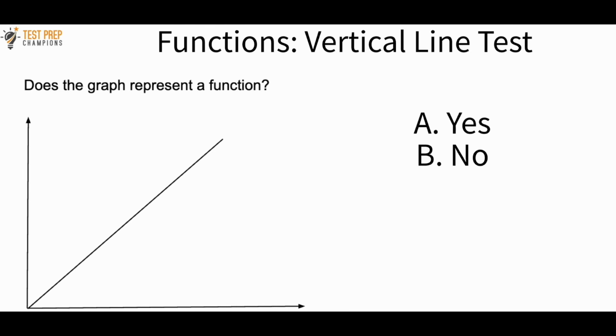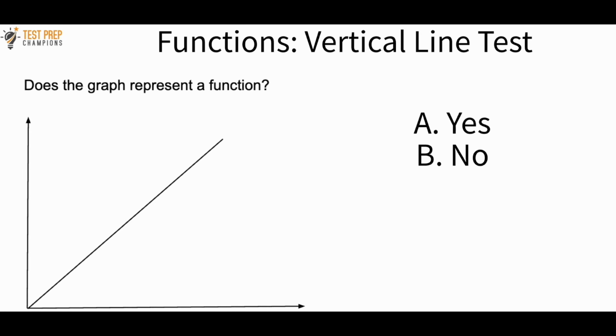So let's talk now about the vertical line test. For the next few examples, I'm only going to give you two multiple choice answer choices, A, yes, B, no, since we're just practicing right here. The idea with the vertical line test is that you can look at a graph and tell if it's a function or not by drawing vertical lines. If you draw a vertical line and it touches the graph more than once, then we know it's not a function.